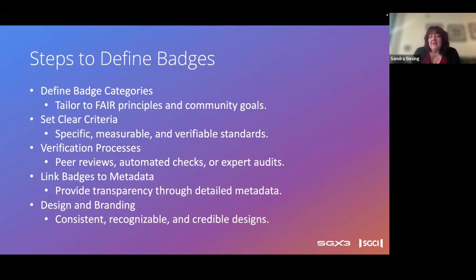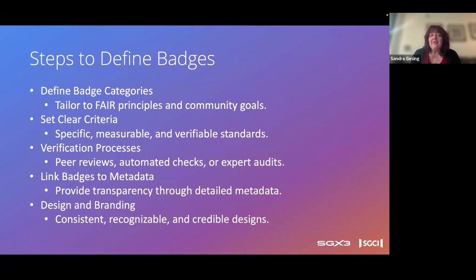And the verification process can probably be a mixture of peer reviews, some automated checks, like a findable process is often a URL somewhere that can be automated. There are a couple of things that can be automated, and also expert audits.